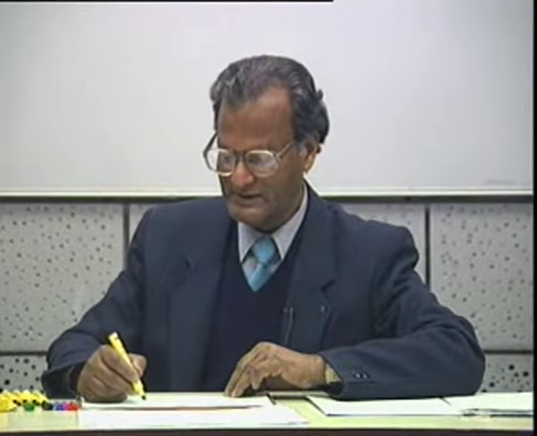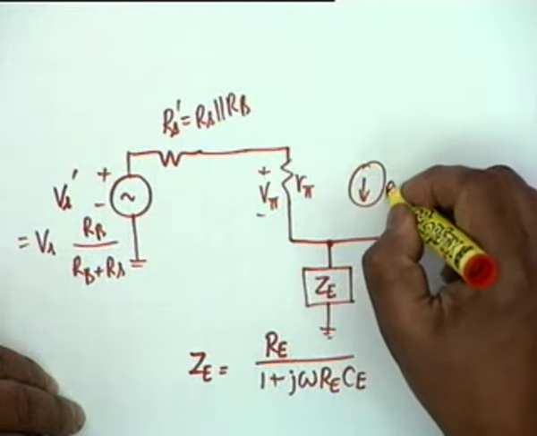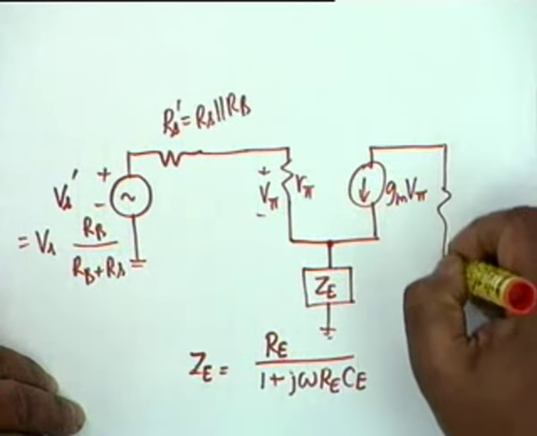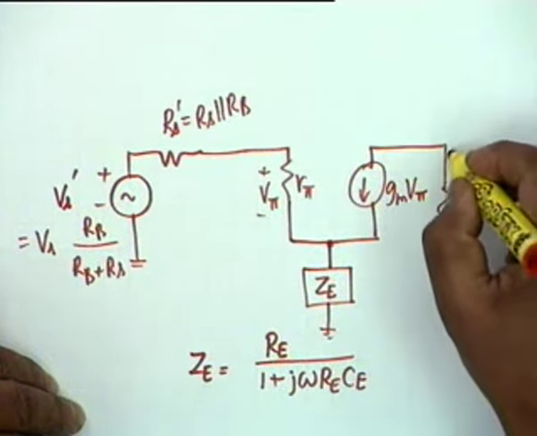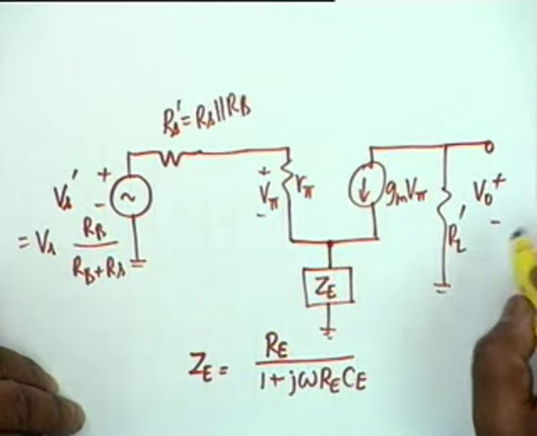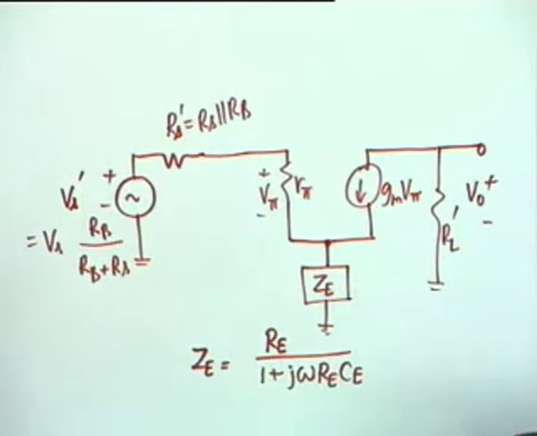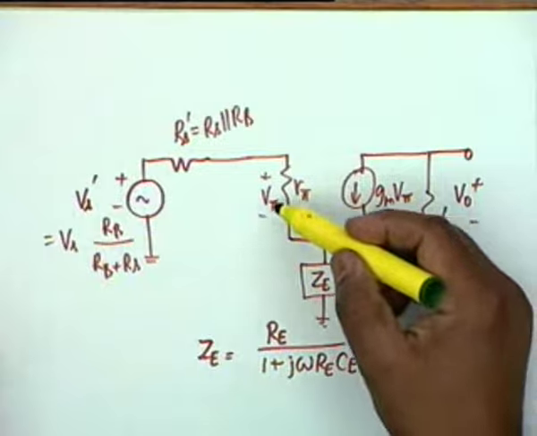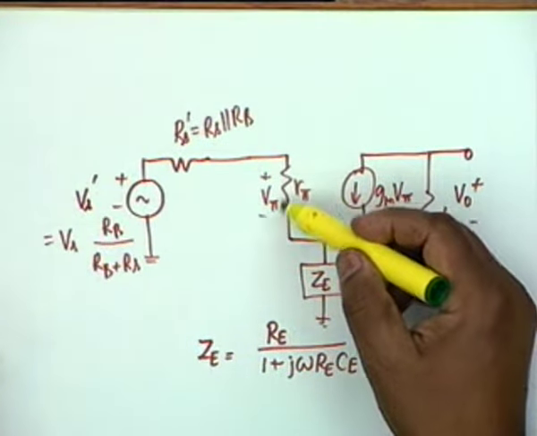We will require this, and then we have a gm V pi and RL prime. This is V0. Okay, the current through this combination Ze is obviously gm V pi plus V pi by R pi.